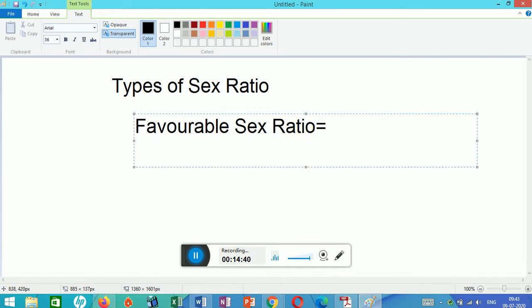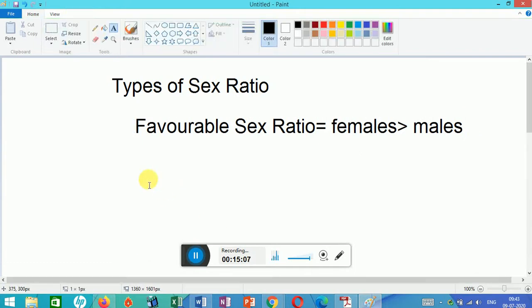In case of favorable sex ratio, the number of females is more than males. It is also known as positive sex ratio. In case of favorable sex ratio, the number of females is more than the number of males.